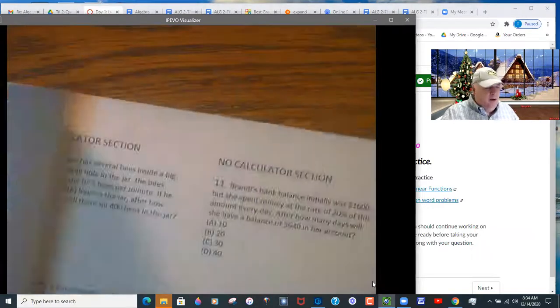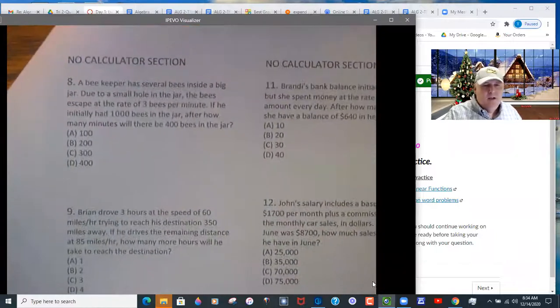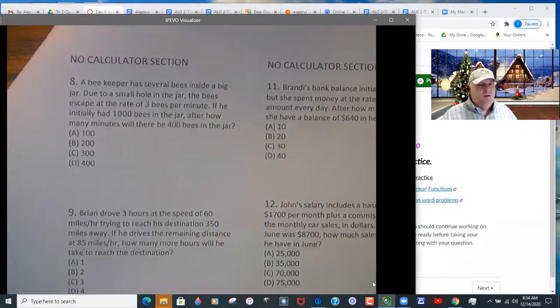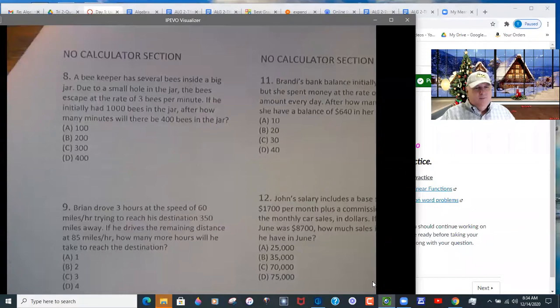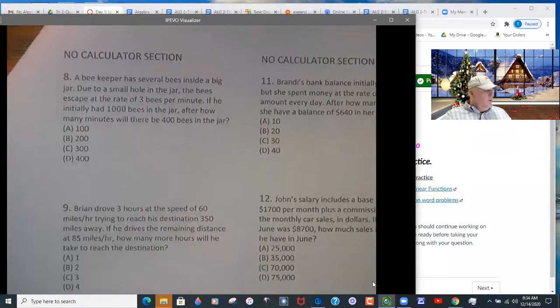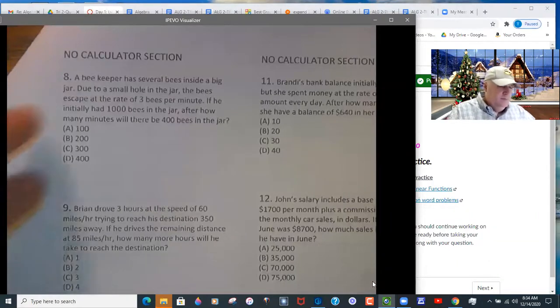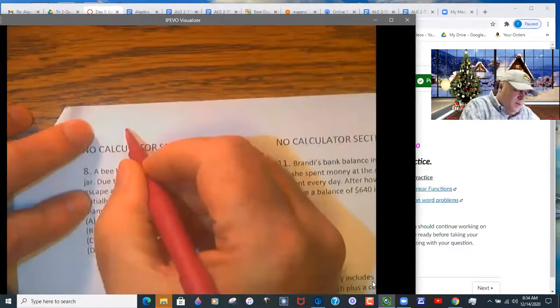So I'm going to skip around with the short amount of time that I have and just talk about a few of these. Still notice the no calculator. So word problems with linear functions. You have to think in terms of, how do I want to do this?